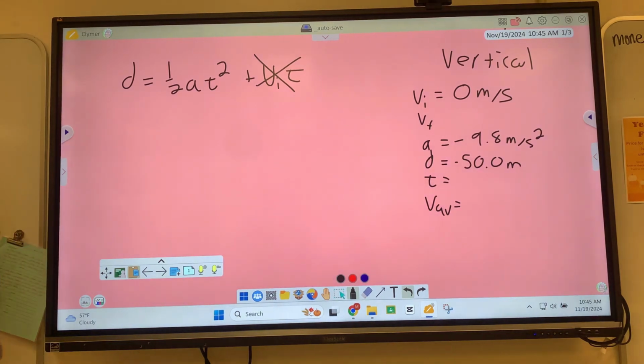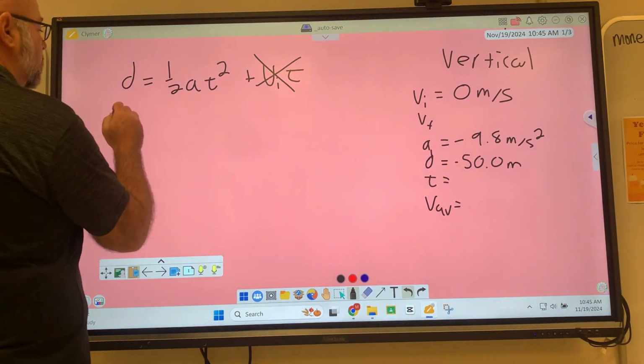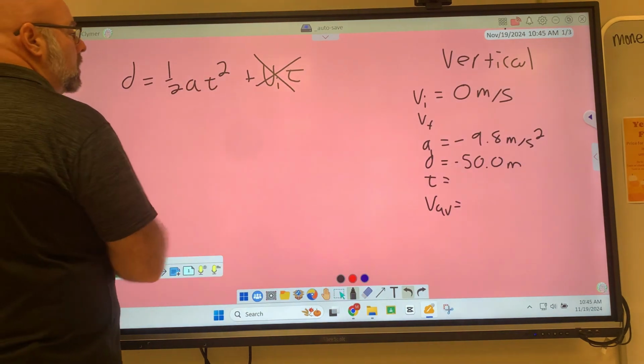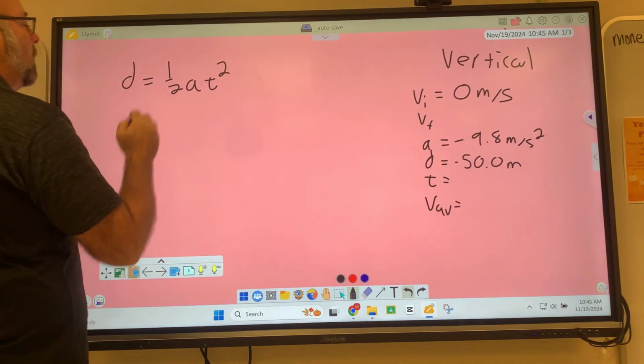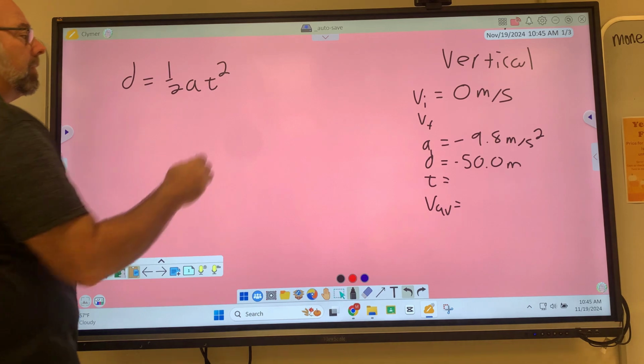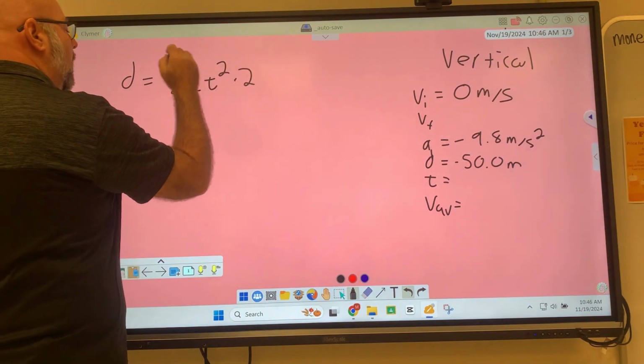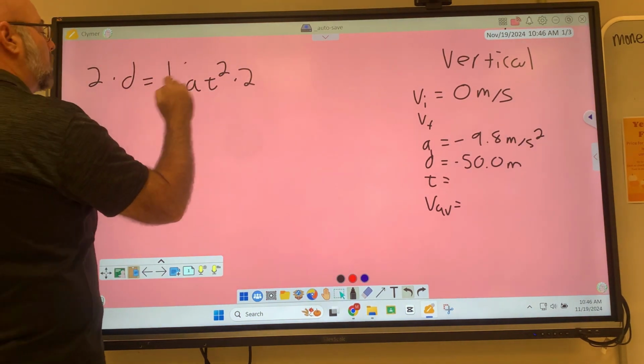Now again, there are 2 ways to do this. I don't really care which way, whatever way you're comfortable with. Some people just plug in the numbers here and solve it with algebra. Some people figure out the algebra, find the equation, and then plug it in afterward. I am the second version. So I'm going to solve this equation for time. First, I'm going to get rid of the 1/2. Multiply both sides by 2.